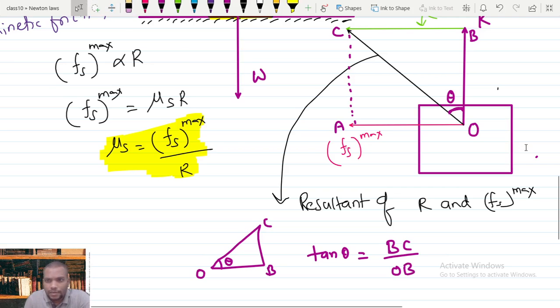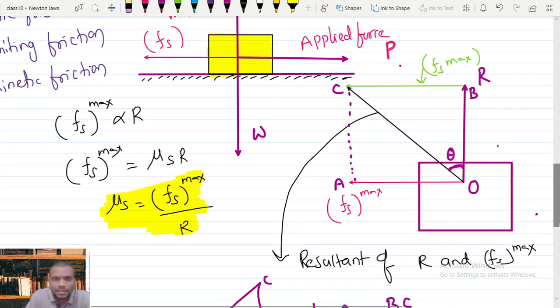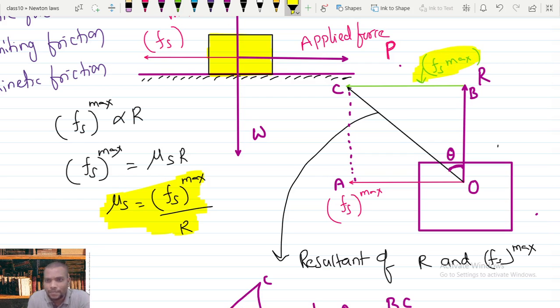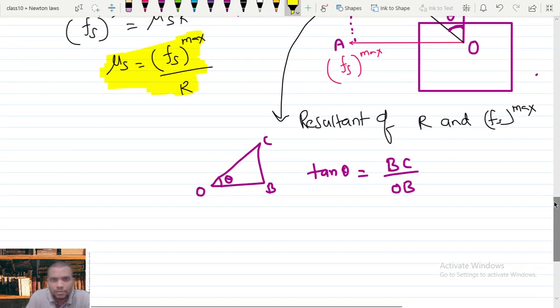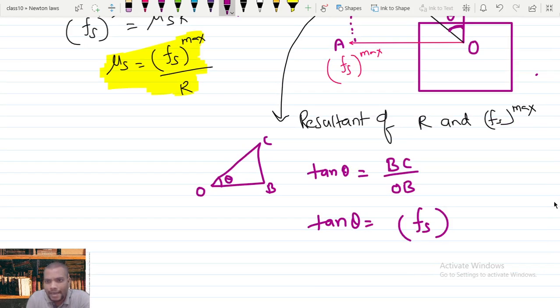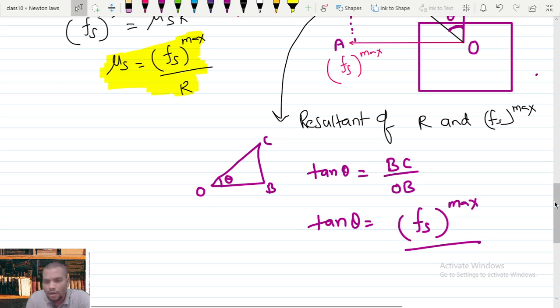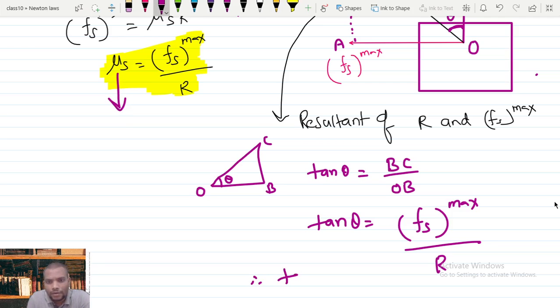From the figure, BC is nothing but Fs max, the limiting friction, and OB is nothing but R itself, the normal reaction force. So now we got it, tan theta equals Fs max upon R, and we know that Fs max upon R we call mu s. Therefore tan theta equals mu suffix s.